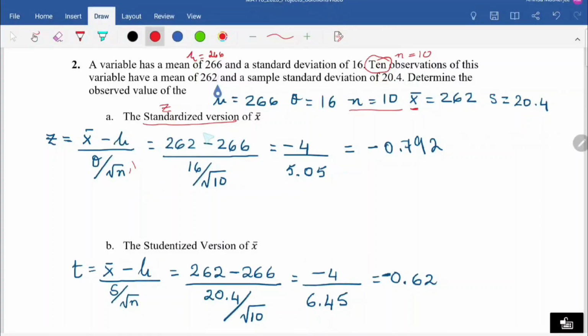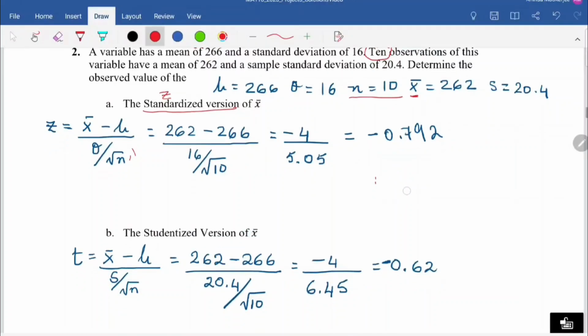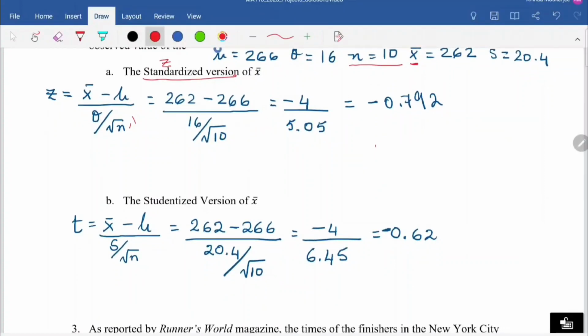And then make sure you're plugging in the values correctly. And this whole calculation comes to a Z value of negative 0.792.